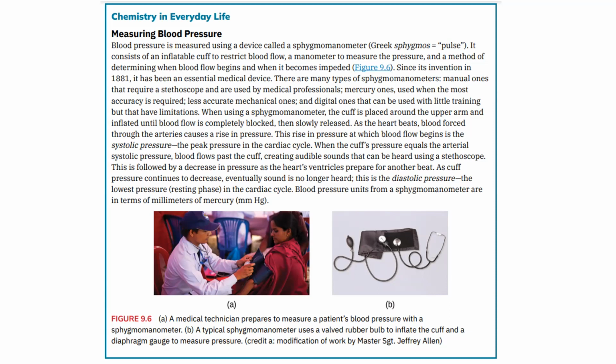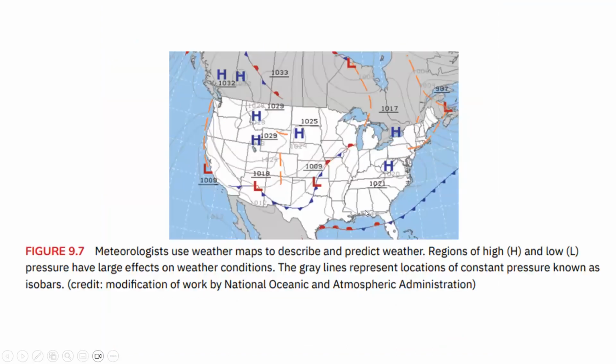High blood pressure, I think, is often an indicator that there may be other issues going on. So typically, at least when you go to the doctor, they always check that, but it's a good thing to keep track of yourself. But that's going to be utilizing pressure. And then with the meteorology that I mentioned earlier, we've got high and low pressure systems that have different implications in terms of the forecast coming up. So that's why you'll often see these types of measurements here.